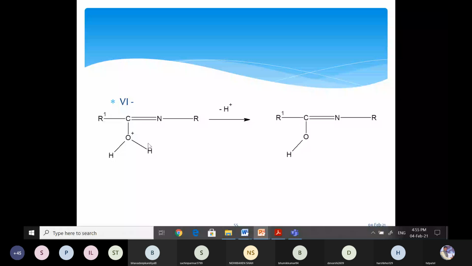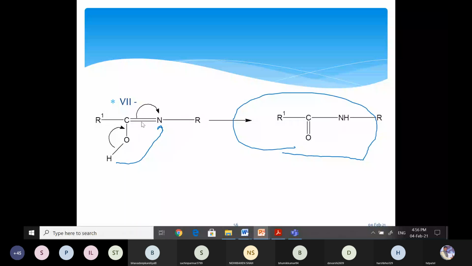By deprotonation we will get R1COH double bond NR, and from this further rearrangement of electron will take place, and as a result proton transfer will take place. Initially the proton is attached with the oxygen. This proton will migrate to nitrogen, and then we will get NH.